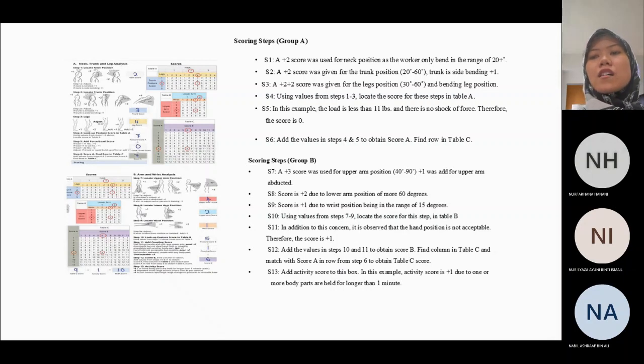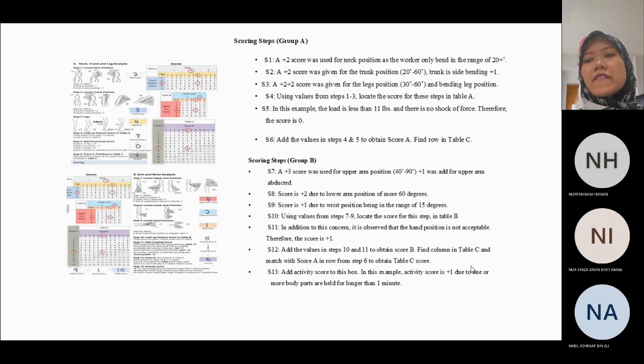In step 1, a +2 score was used because the worker bent the neck more than 20 degrees, and a +2 score was given for the trunk position. A +2 score was given for the leg position because the legs are bending more than 30 degrees. Section 4 involves locating the score.